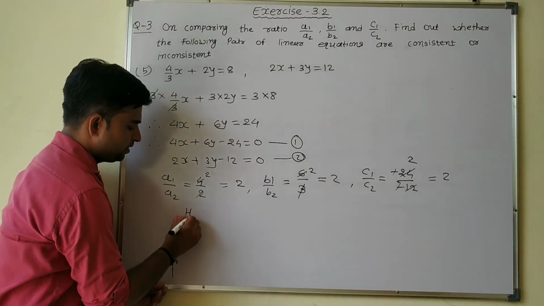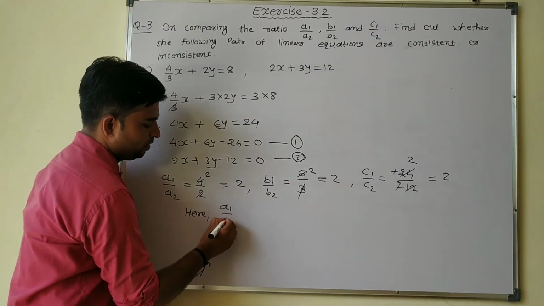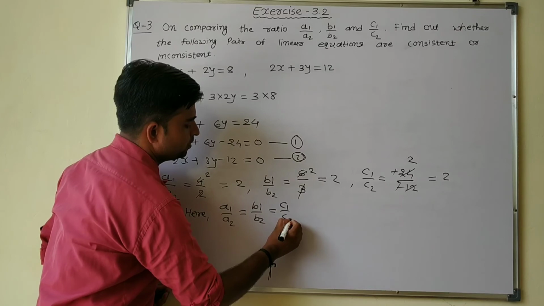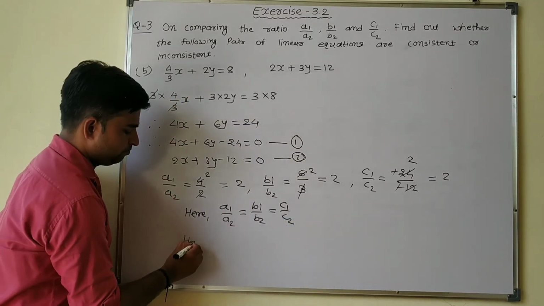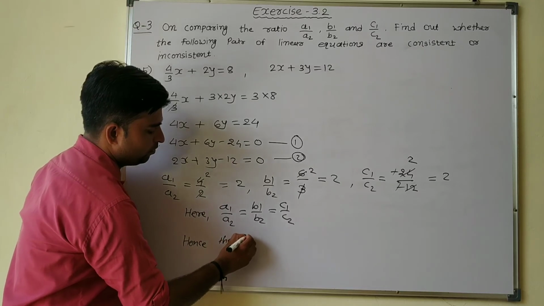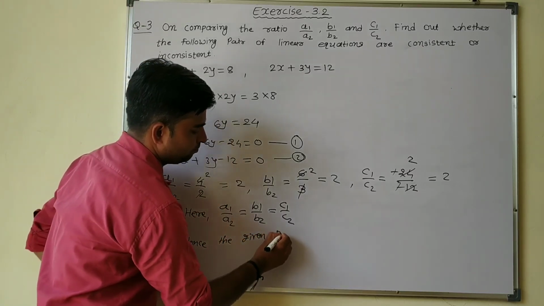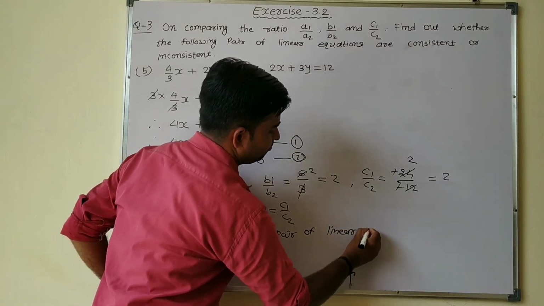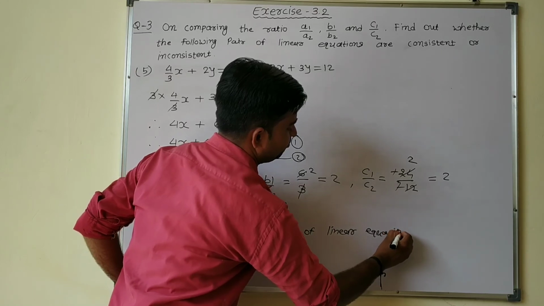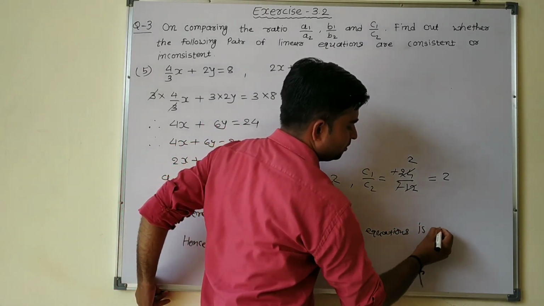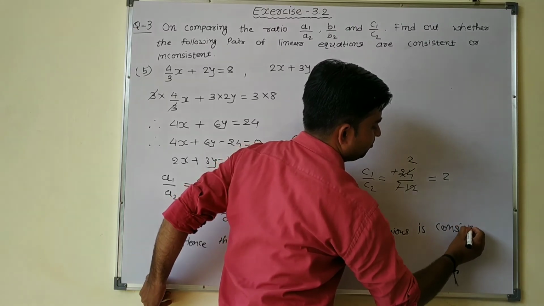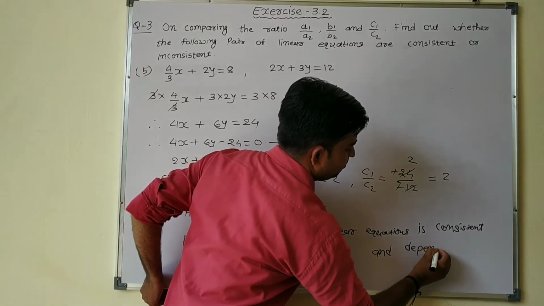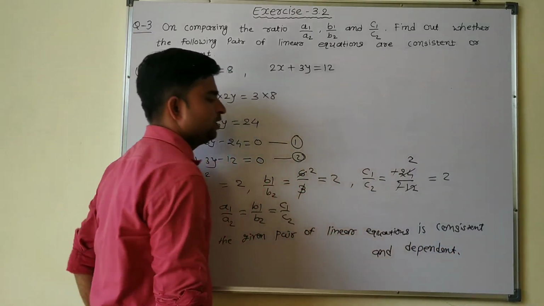So we can say here A1 upon A2 is equal to B1 upon B2 is equal to C1 upon C2. Hence, the given pair of linear equations is consistent and dependent. So this is the fifth answer.